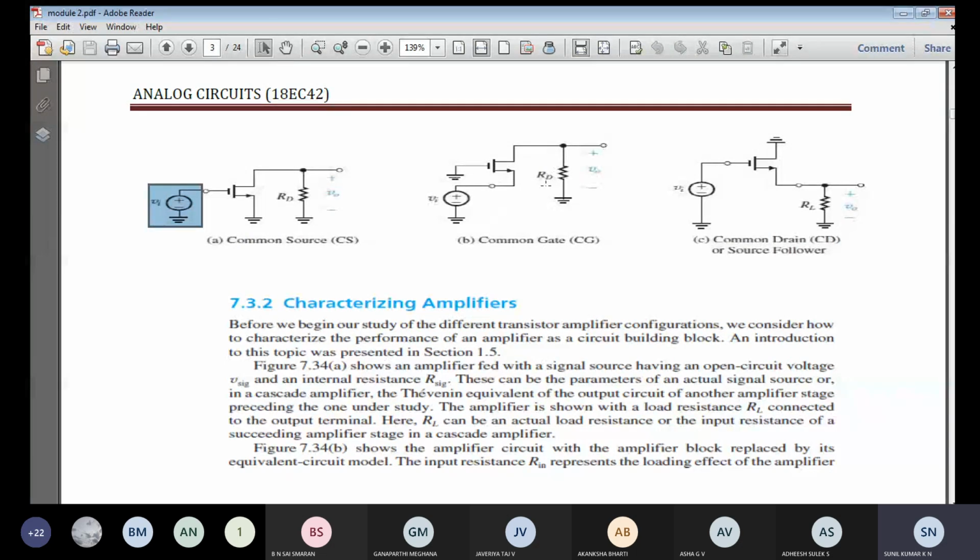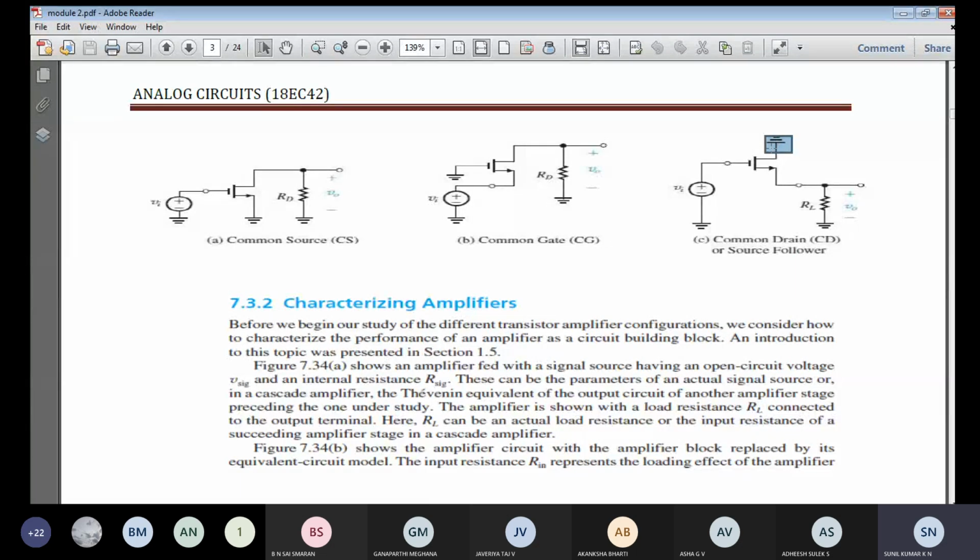The third configuration which we are going to study is the common drain configuration. In this configuration, the drain terminal is connected to ground, so the drain terminal is common between the input and the output. Since the drain is connected as common, we have shorted it to ground.